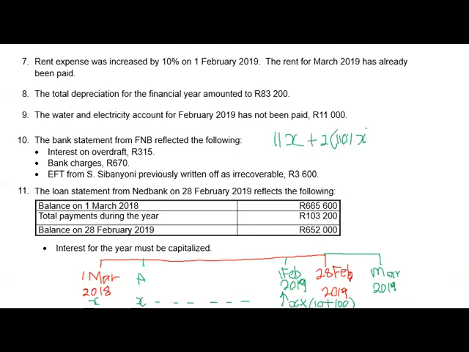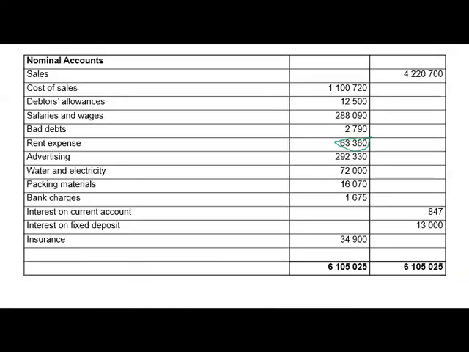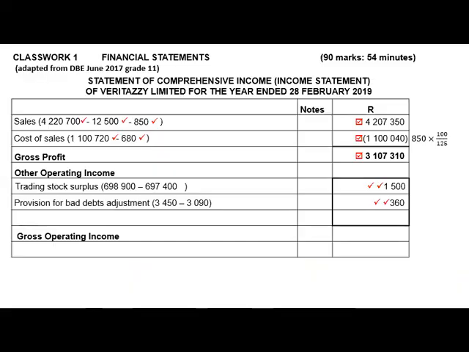This will give us our rent expense, which was, I hope I will remember this, 63,000. No, I don't remember the next three numbers. It is 63,360.